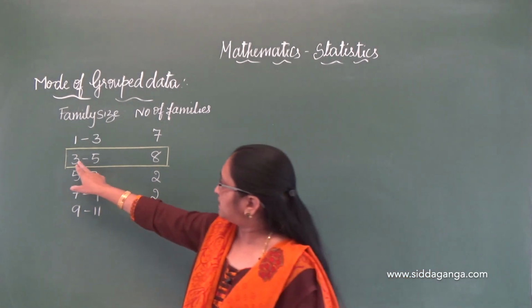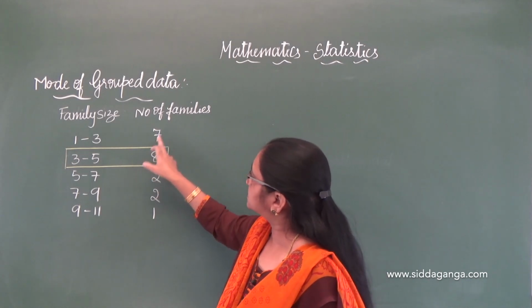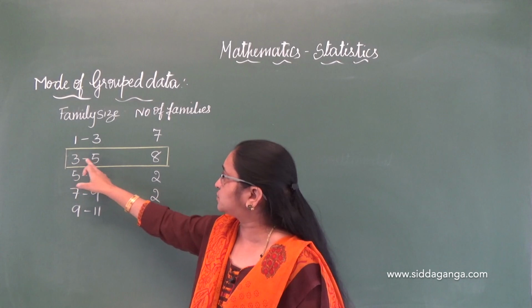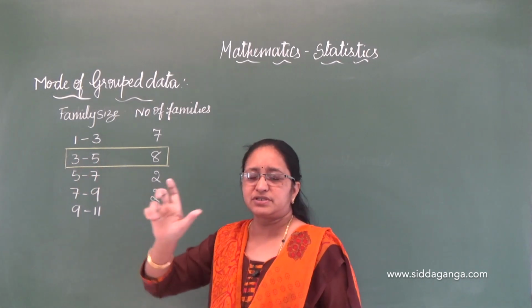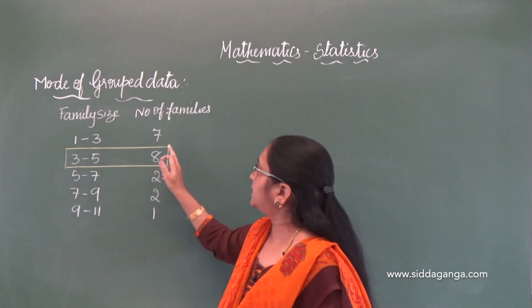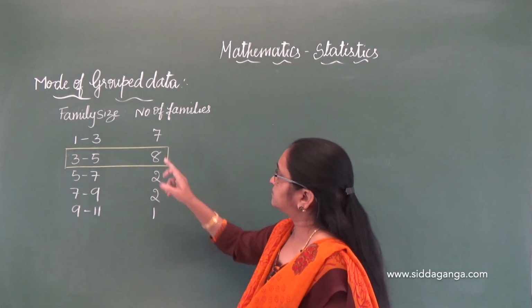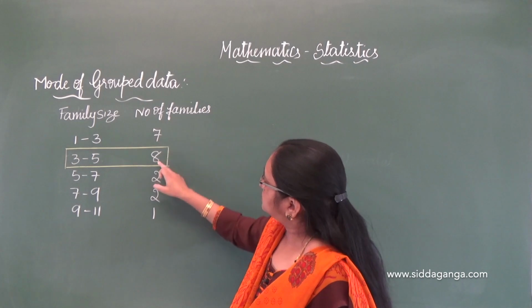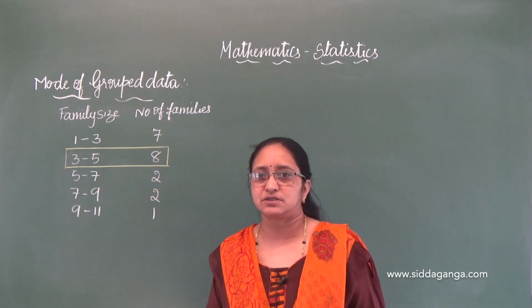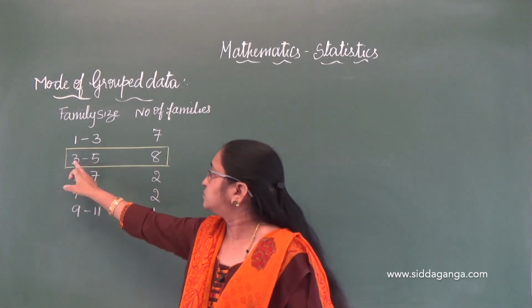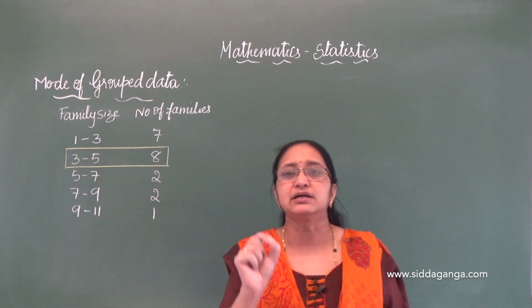So the number of families under this family size, 3 to 5, is 8. Within 3 to 5 members, 8 families come under that. That is what we call the maximum frequency. So this will be the modal class. Okay, 3 to 5 will be the modal class.